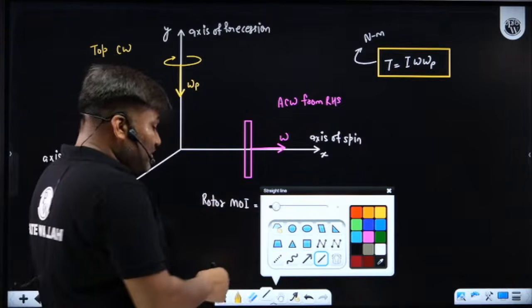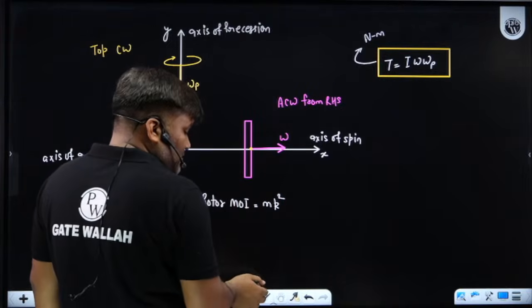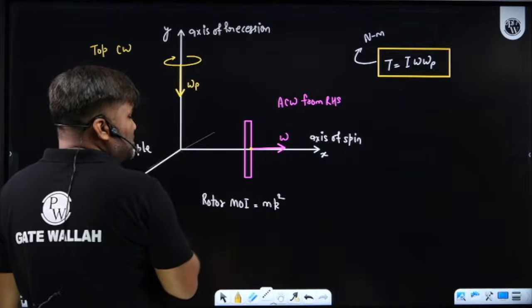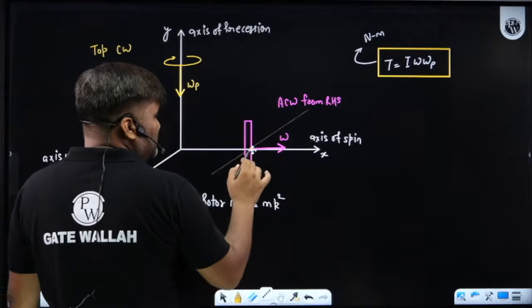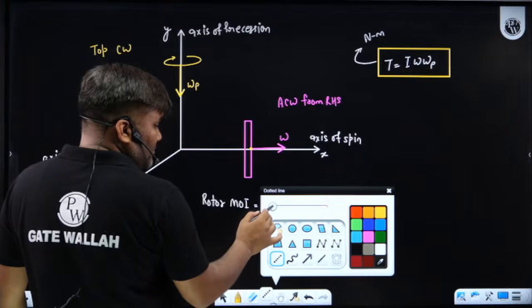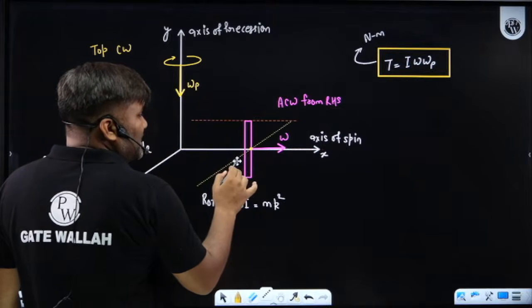And whenever you have to rotate any vector, you always rotate that vector about its tail. This is the tail, and once you rotate about the y-axis, you will reach along this z-axis only. Obvious बात है. So you will reach somewhere along this z-axis. Z-axis is this. So you will reach ultimately here.